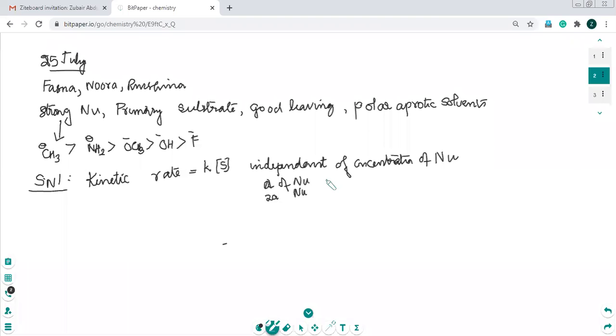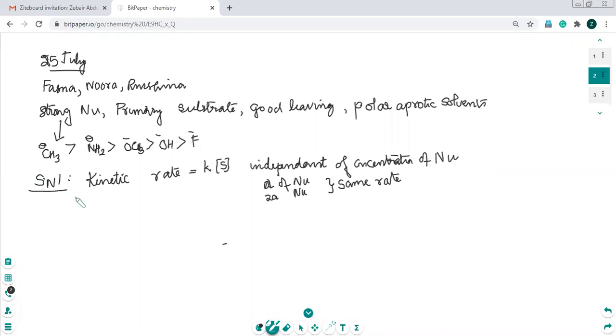You can see that the reaction rate is the same. That means if you change the concentration of nucleophile, the rate of reaction does not change. Such substitution reactions you can categorize as SN1 reactions.